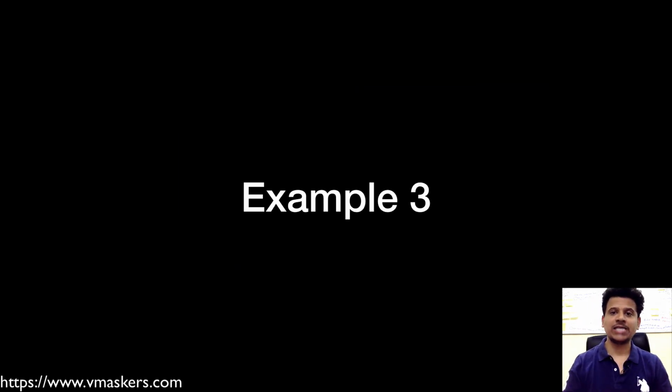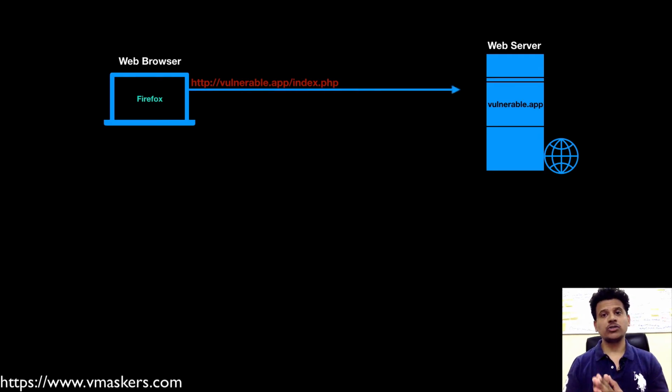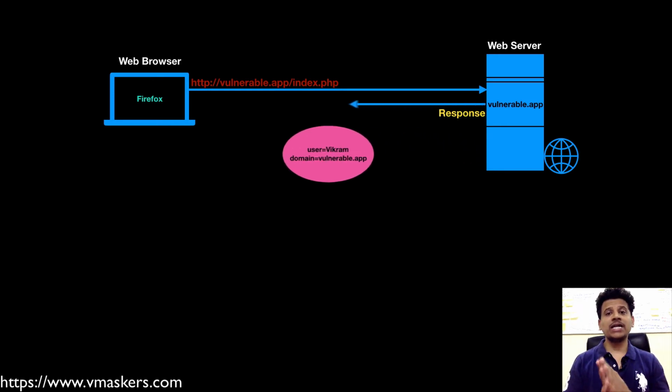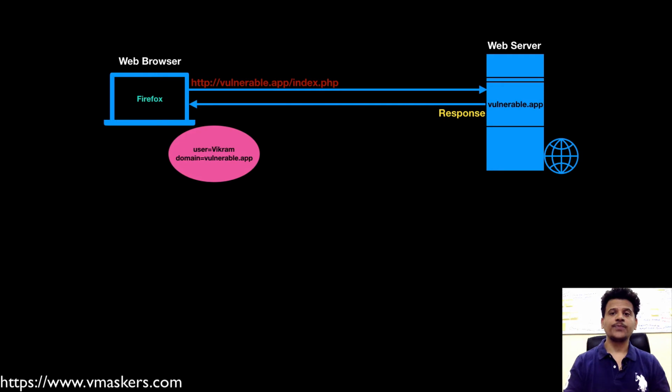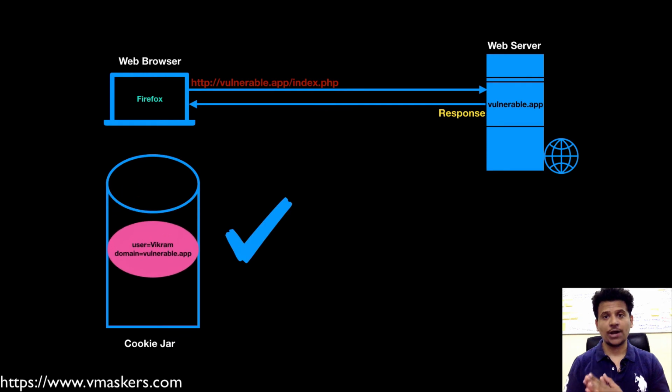Now let's see the third example. This is your browser, this is your server. You want to visit vulnerable.app/index.php. Your browser will send a request to the vulnerable.app server. Now the cookie is Vikram with the domain vulnerable.app, which will be sent with the response to the web browser. This is the cookie jar. You visited vulnerable.app and the domain value is also vulnerable.app, so it is accepted by the browser and stored inside the cookie jar.